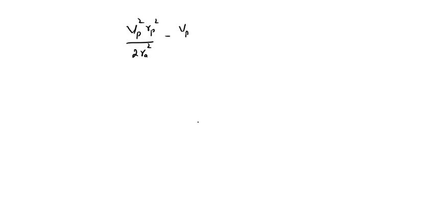Now transfer the Vp terms to one side and GM divided by R on the other side. So this will be equal to GM divided by Ra minus GM divided by Rp.